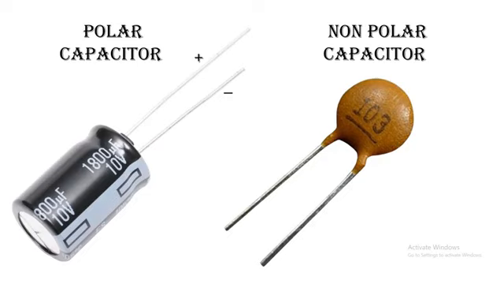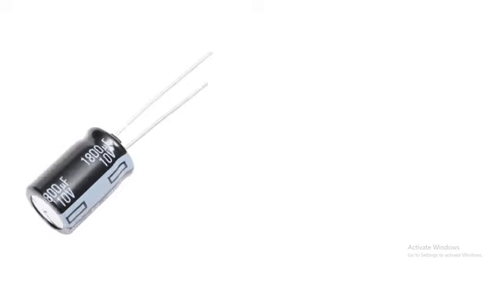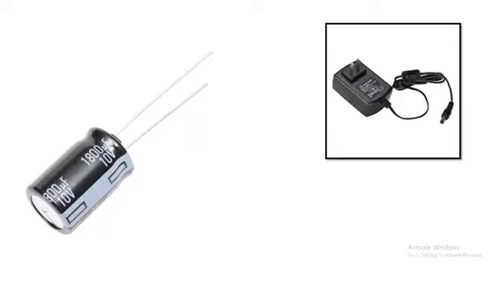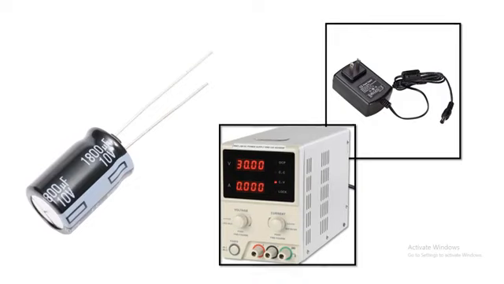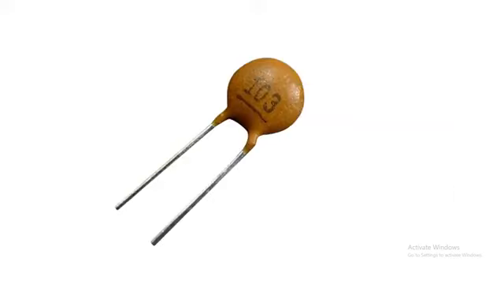Both work in the same way, meaning both store charges. We use polar capacitors in power supply chargers, adapters or high power supplies for filtration to purify AC current into DC current, while the ceramic capacitor we use in signal filtration or purification.